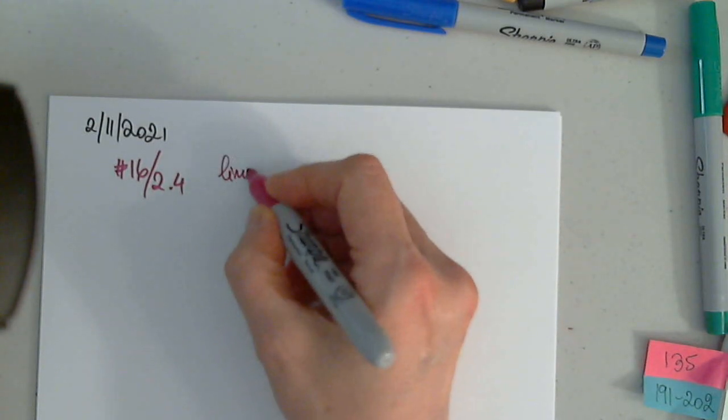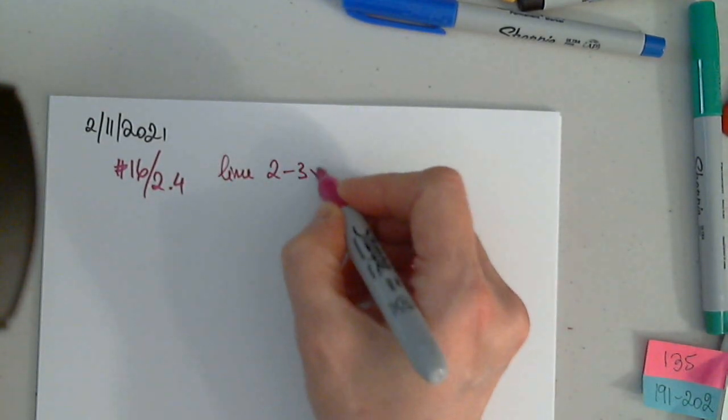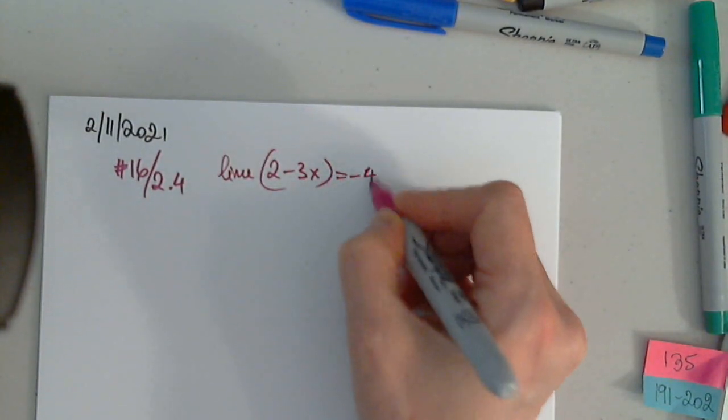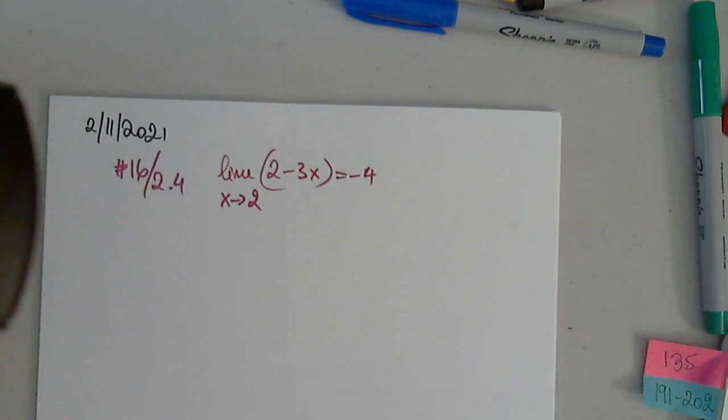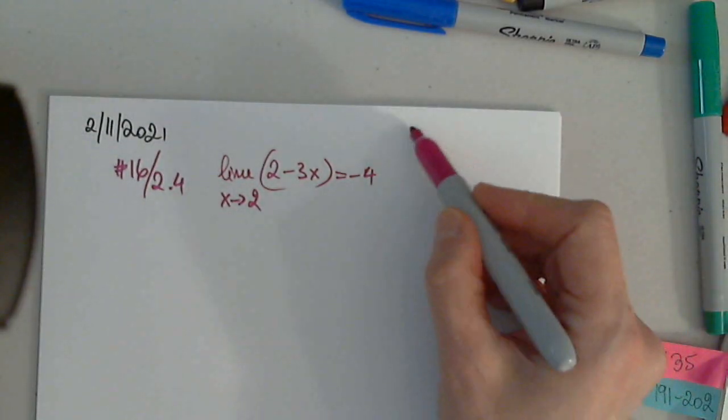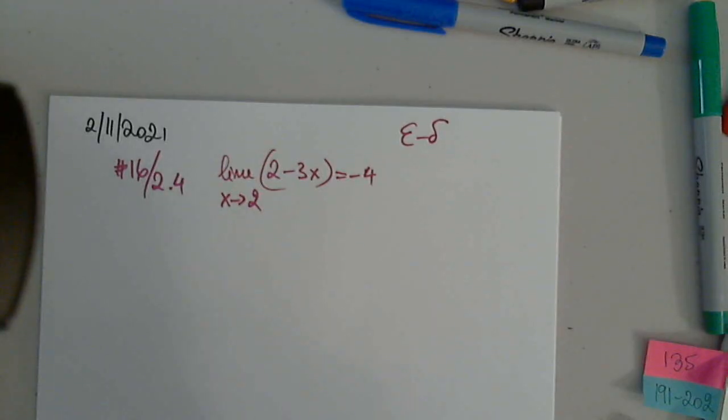So we have the limit of 2 minus 3x equals -4 as x approaches 2. I am stopping sharing. So the problem is asking us to use the epsilon delta definition, the formal definition of the limit, to show that this is true.